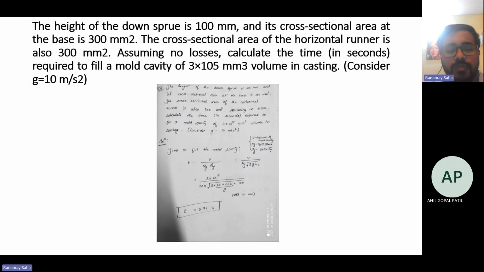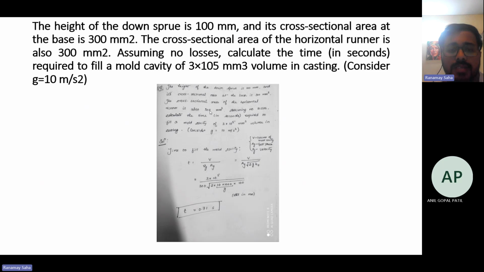So the molten metal comes to the sprue, the runner, and the gate. The area which is the minimum one will govern the maximum time. So when we are designing a sprue, a mold, a casting process, we take care of the maximum time which will be required. So the minimum area leads to the maximum time.